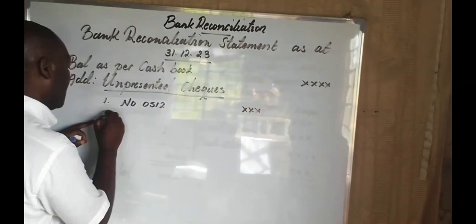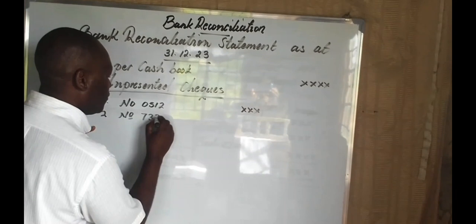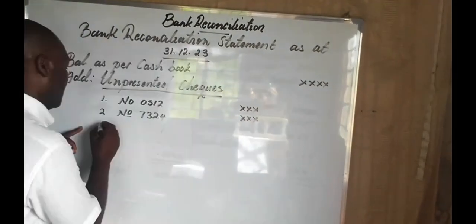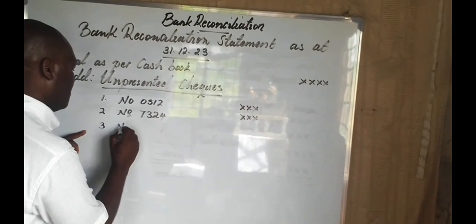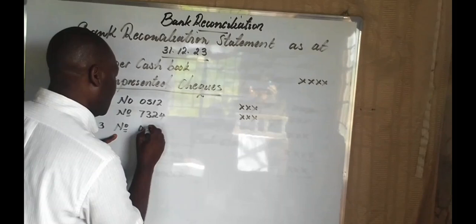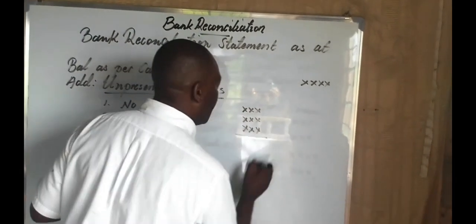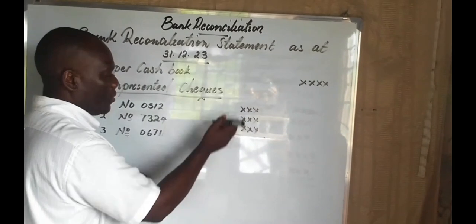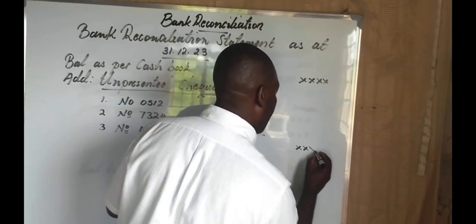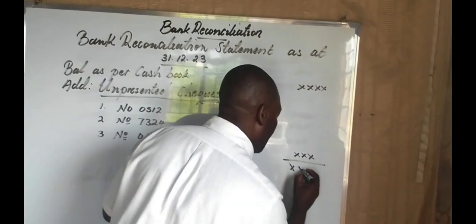You come to check number 2. If the check number is 7324, put the figure there. Check number 3, the check number is 0671, put the figure there. Then you add this. The total that you get for presented checks comes down here. You add what you get here.